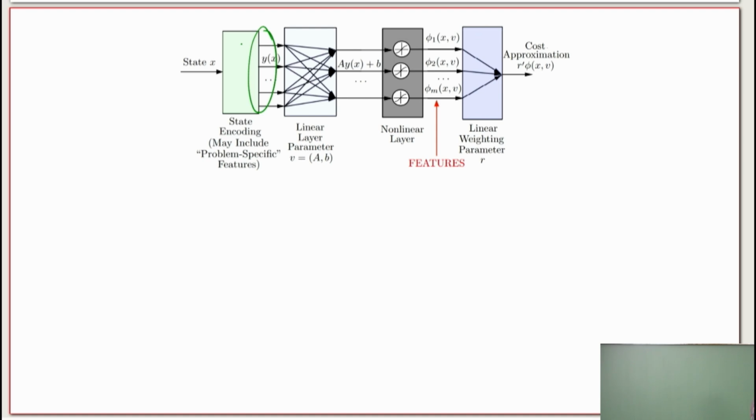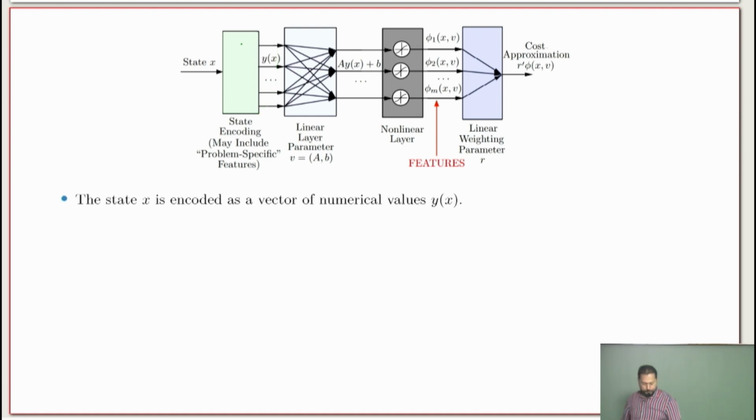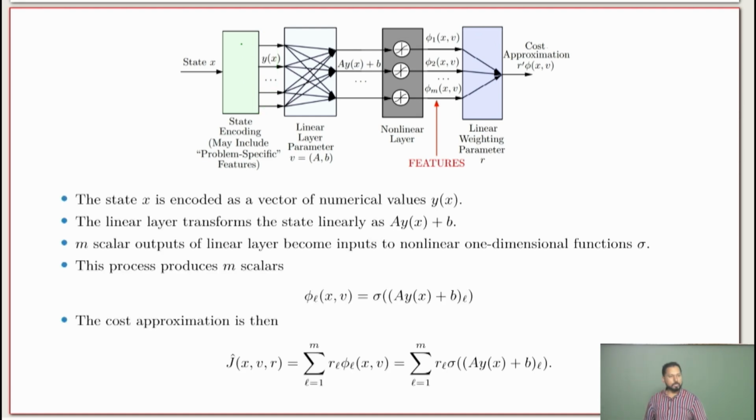So this cost will be R transpose phi(x, V) minus beta. So it's not just R that you are trying to learn, you also have the V that you are trying to learn. So you may do gradient descent and let the gradient flow throughout the network. Whereas in this case the way it is done is like a two-step process: there is a feature and then there is a linear combination of the features.